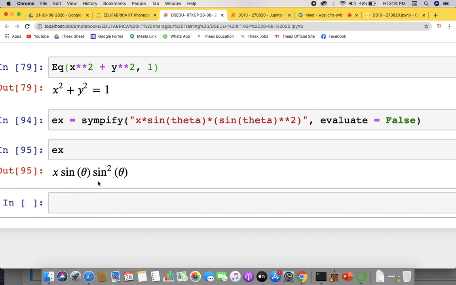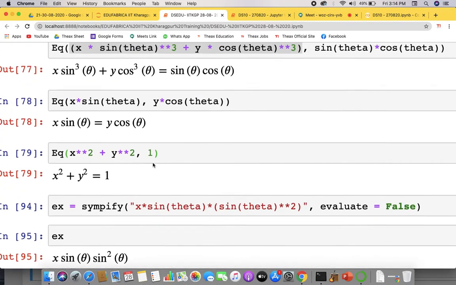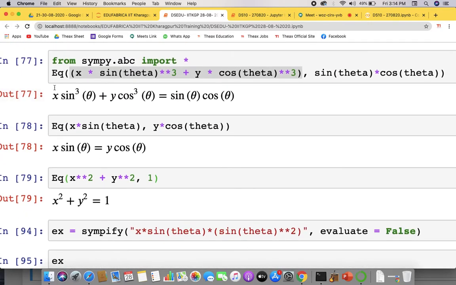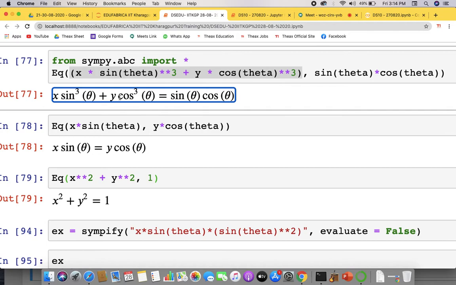So like this, if we solve, from this equation we take sine theta common, and from y cos cube theta we take y cos theta.